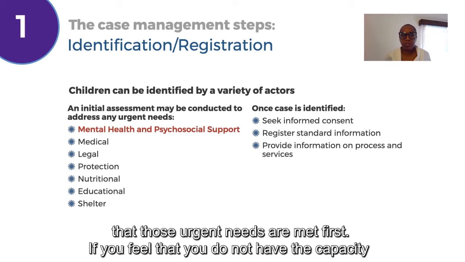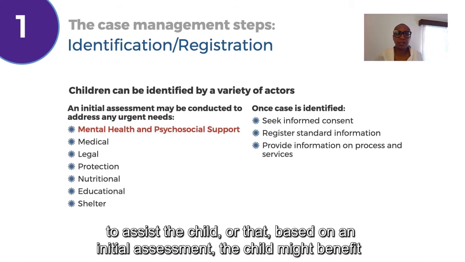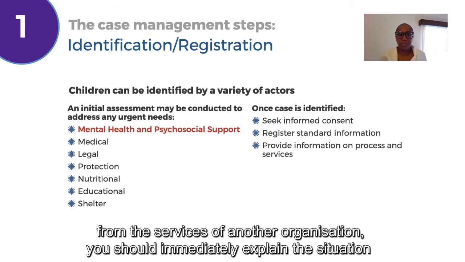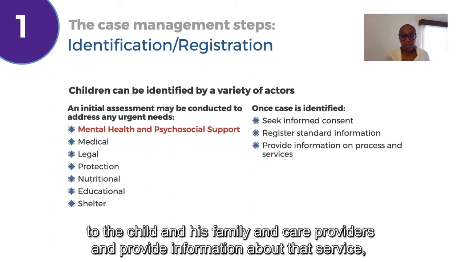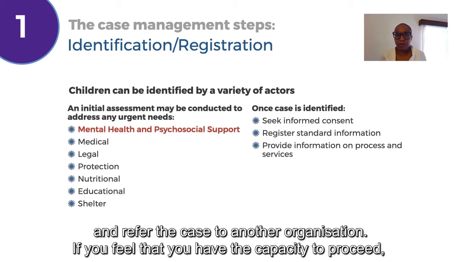If you feel that you do not have the capacity to assist the child, or that based on an initial assessment, the child might benefit from the services of another organization, you should immediately explain the situation to the child and his family and care providers, and provide information about that service and refer the case to another organization.